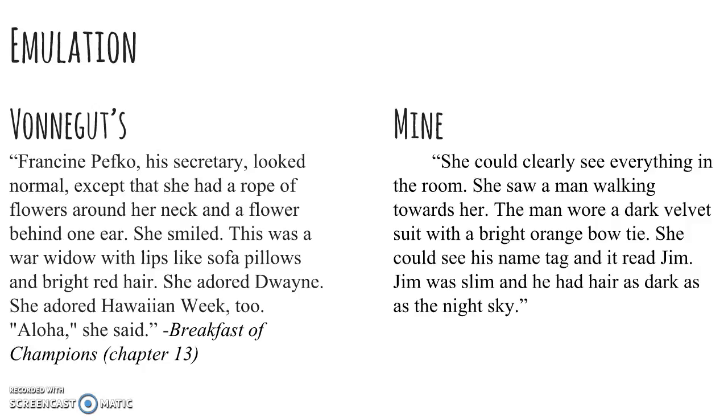In Vonnegut's piece, it describes flowers around her neck and behind her ear, and then in mine, it describes what the man is wearing, so a bright orange bow tie, which helps you visualize the man and which just helps the reader understand the story more in all.